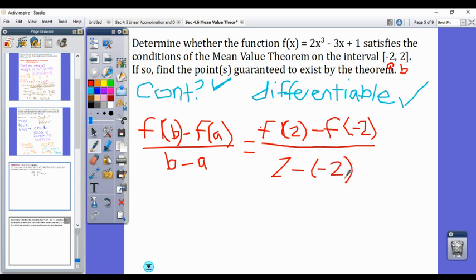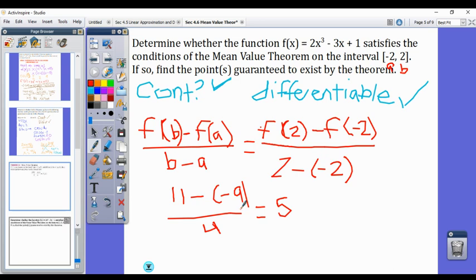Okay, so if we plug in those values, we're going to get 11 minus -9, all divided by 4, which is going to give me 5. Okay, so that is telling me what the derivative is going to need to be equal to.